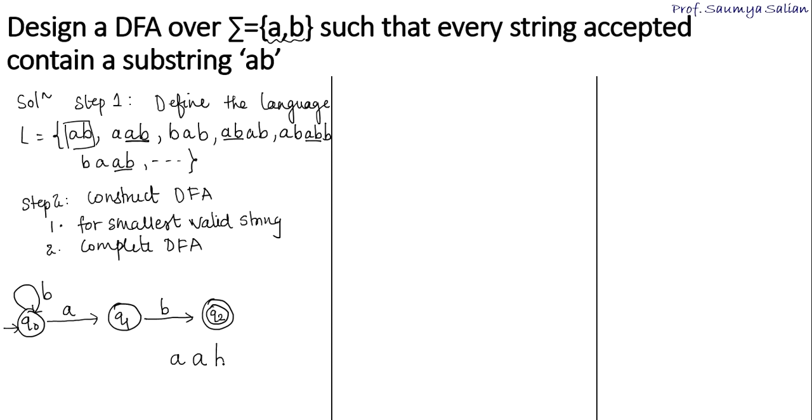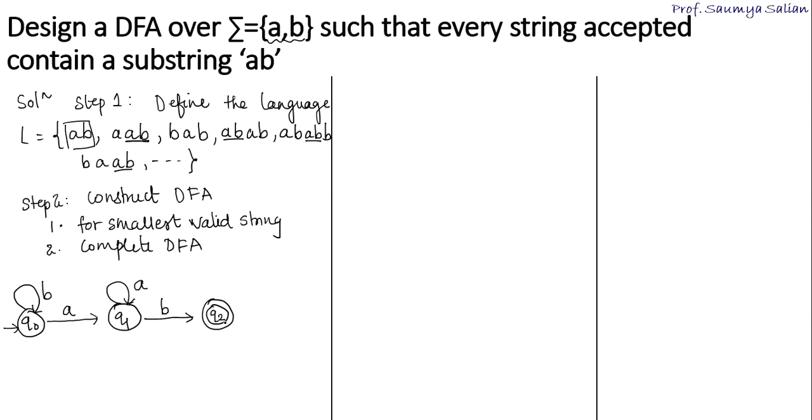Yes, I can make it valid if I have a B after this. Right? So from Q1, I have a transition B which goes to final state. So where shall I place the transition of A for the state Q1? Even if I have multiple A's, I know to reach final state, I have to come across an input B. So can I put up a self loop of input A on Q1 itself? Yes, I can do that. This justifies my case. Q1 has responded to both input A and input B.